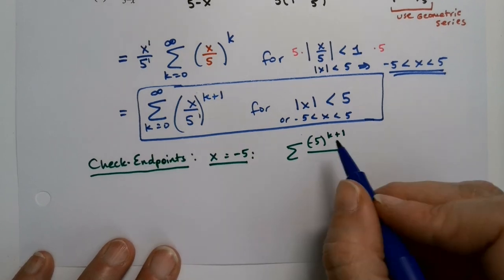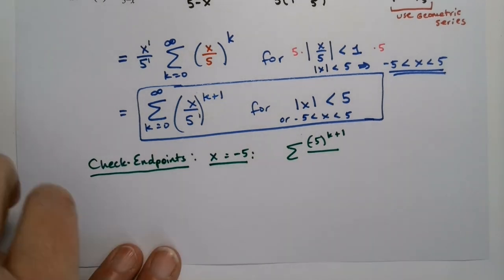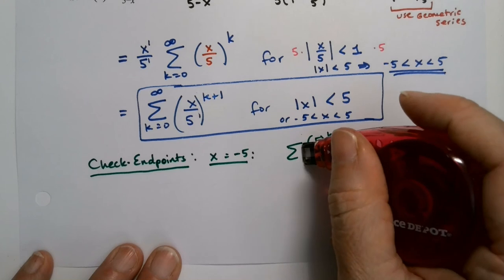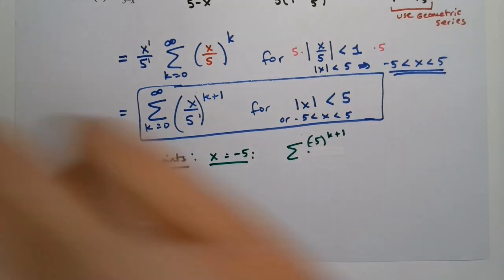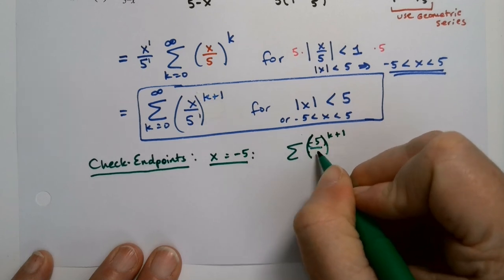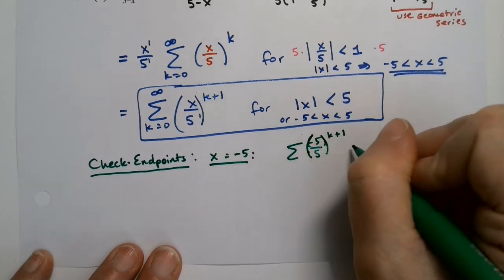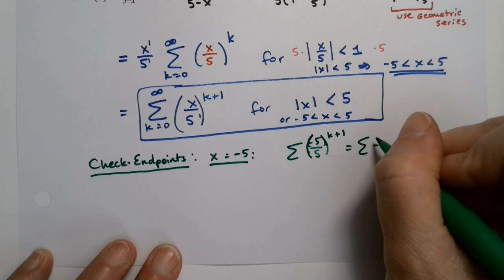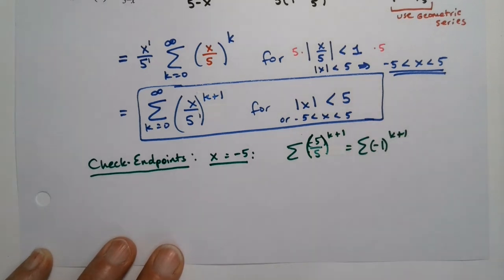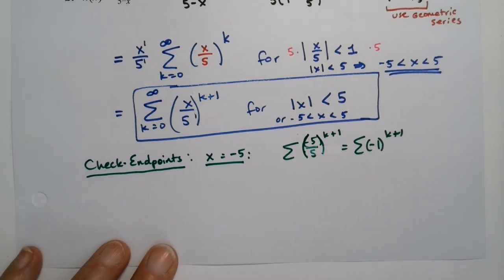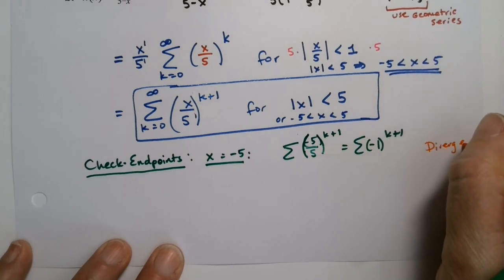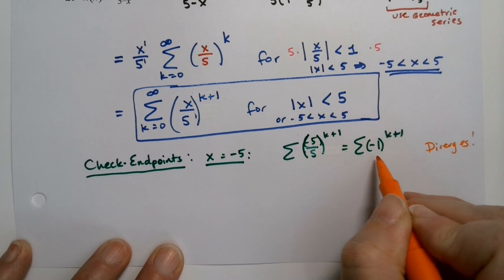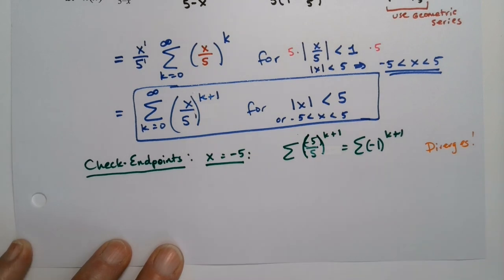So it's negative 5 over 5 to the k plus 1. Or if you like, negative 5 to the k plus 1 over 5 to the k plus 1. Either way, you could end up with negative 1 to the k plus 1. That diverges, right? It fails the divergence test. So it diverges for sure. That limit is not 0, not even close, right?